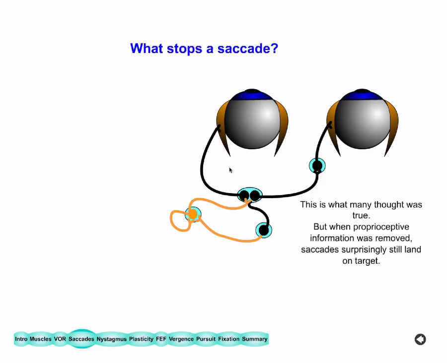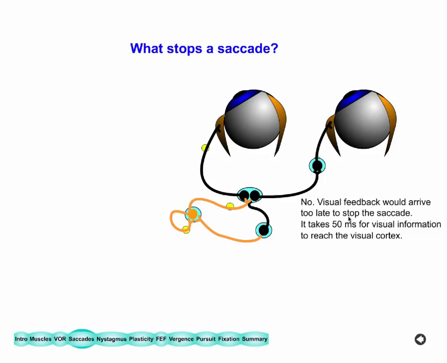For a long time, many people thought this was true, but then they removed all the afferents coming from the muscles, those muscle spindles, and the saccades were still accurate. They stopped where they should be. So vision, I forgot to say this, doesn't work because it takes 50 milliseconds for the signal just to get from the retina to the back of the visual cortex.